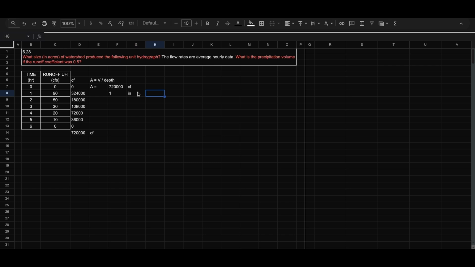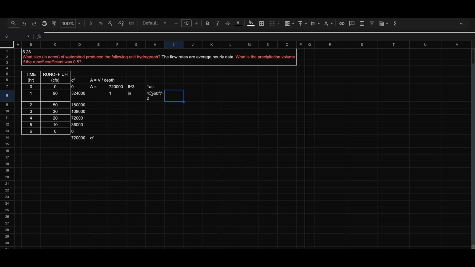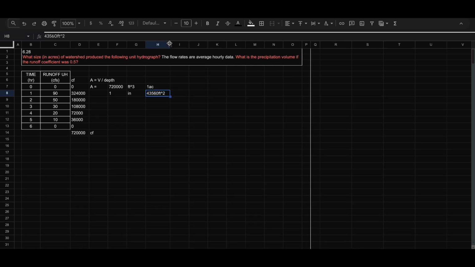Now to get rid of the cubic feet, let's convert it into acres. 1 acre is equal to 43,560 square feet. And then we get rid of the inches.